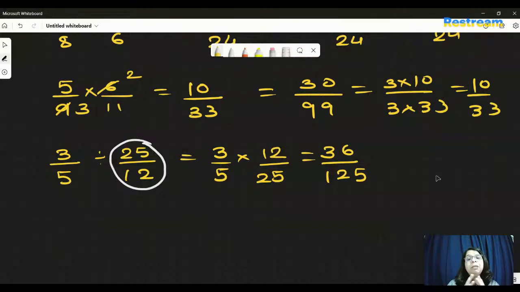Reading it minimum 3 times is very, very important, because in the first reading, our brain will only notice the numbers in the word problem. In the second reading, the brain will start noticing the relationship between the numbers given. In the third reading, it will actually tell you what you need to find.